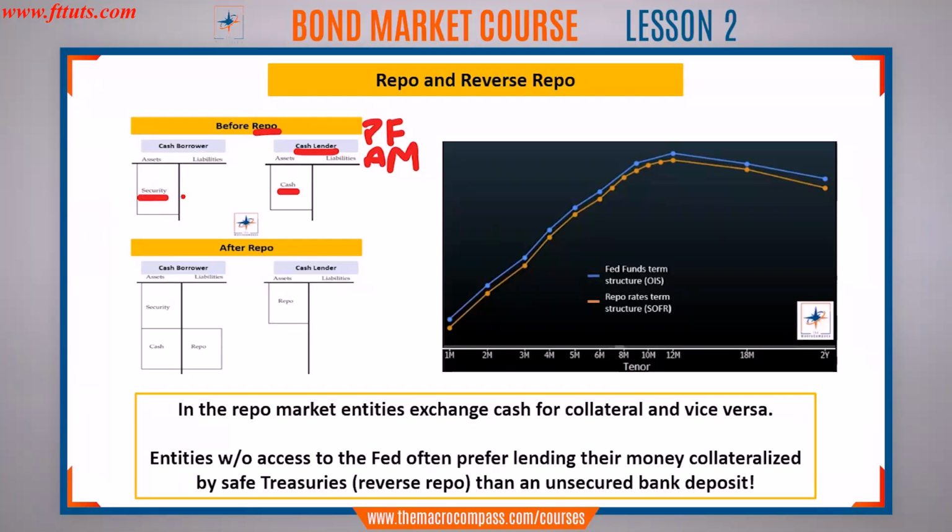This security is often a safe treasury, a safe bond, a safe government bond. After the repo transaction, you will see that the cash lender has exchanged their cash for a repo operation, which is a loan secured by the security, and the cash borrower has extended its balance sheet by basically lending the security and receiving the cash.